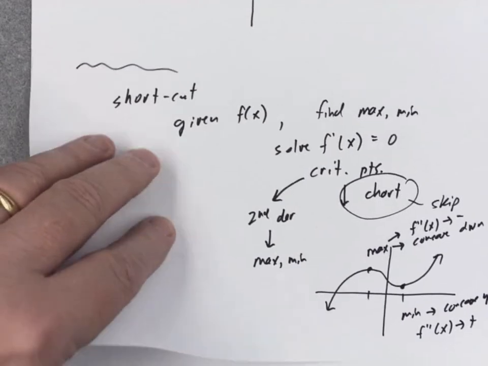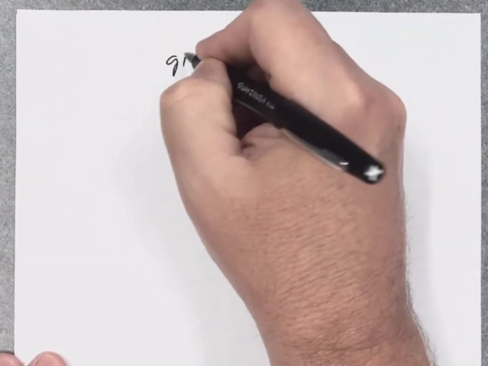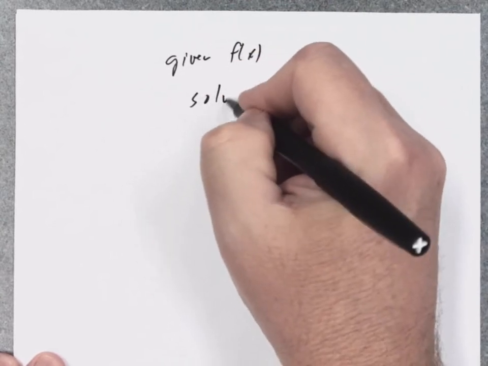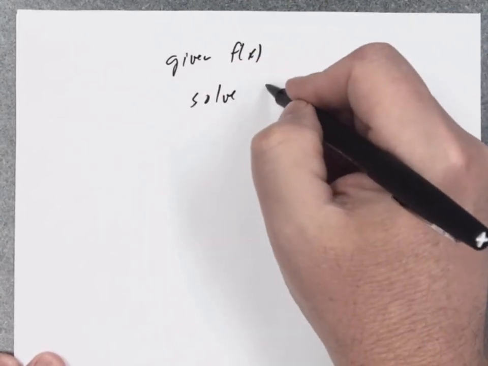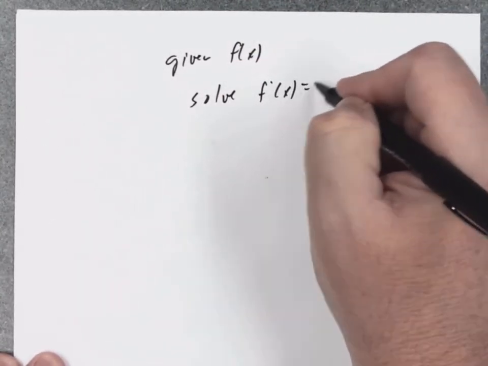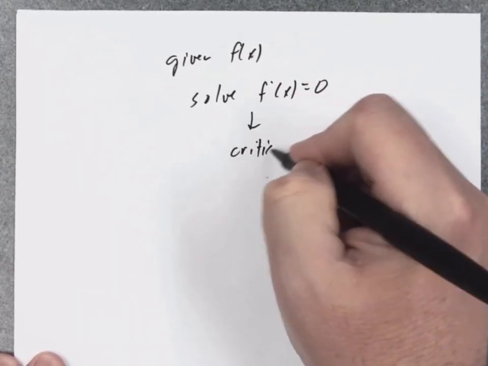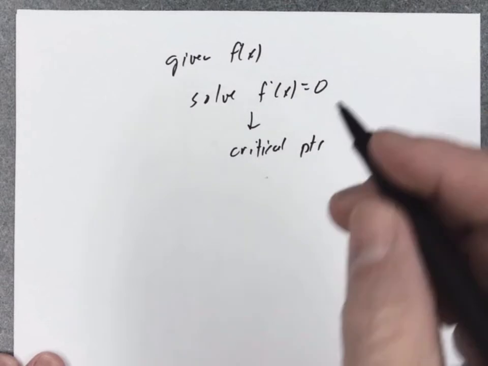So how does that play itself out? Let me just write this, then we'll do an example. So you're given the function, solve the first derivative equal to 0, and that gives you your critical points.